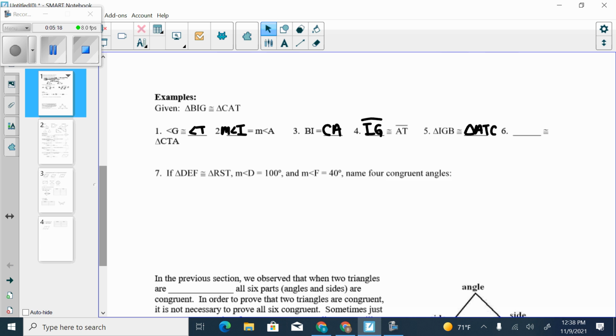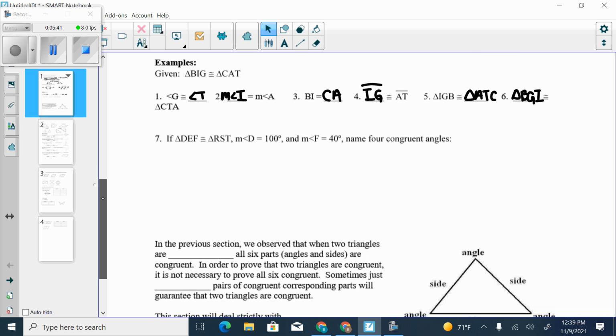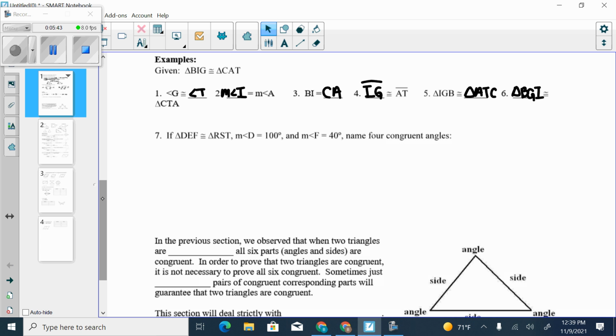All right. Then lastly, triangle CTA is congruent to GI. So even if the picture's not drawn, as long as they listed the letters in the correct order, we know which pieces correspond anyway.